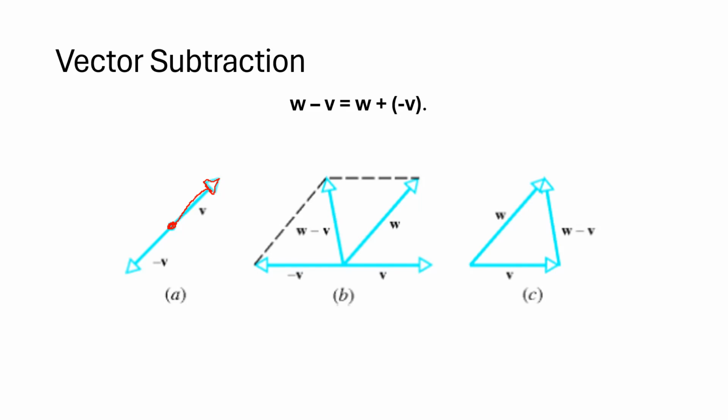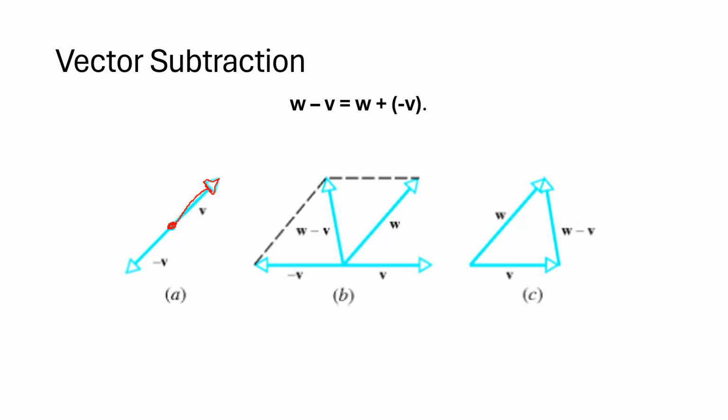The difference of v and w, denoted by w minus v, is taken to be the sum of w plus the negative of v.